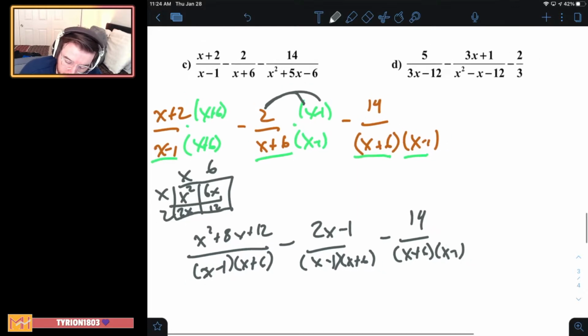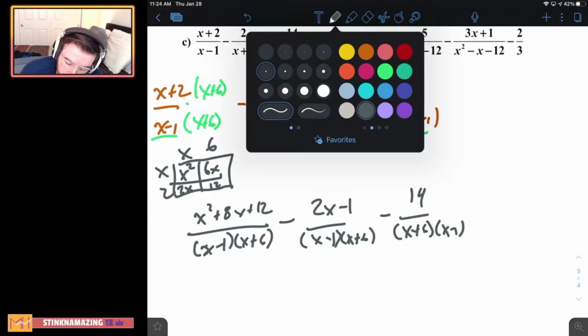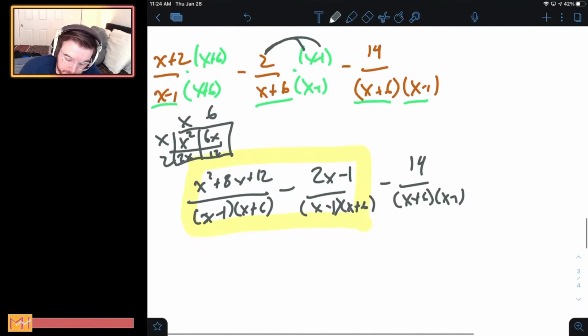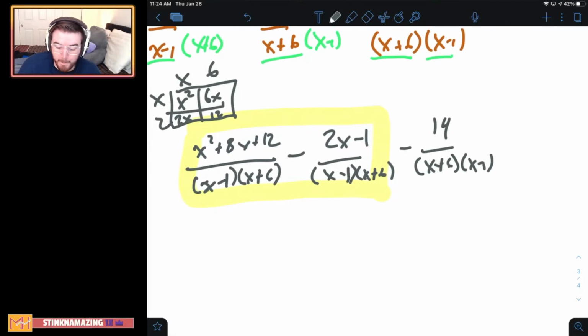Now, I want you to, this is a halfway step. Ignore the minus 14 for a second for me and tell me, what's the result of subtracting these two things? Ignore the minus 14 and tell me, what is the result of subtracting 2x minus 1? Question pops up on screen. So, this was challenging and you might have just got it wrong.